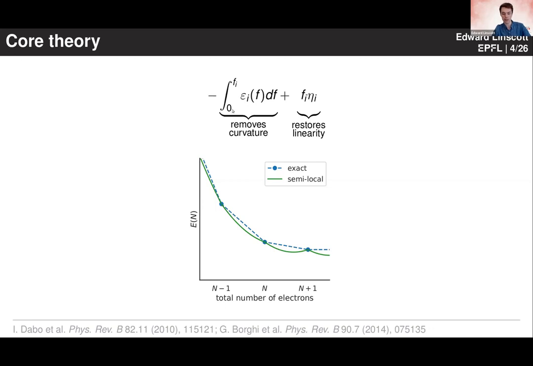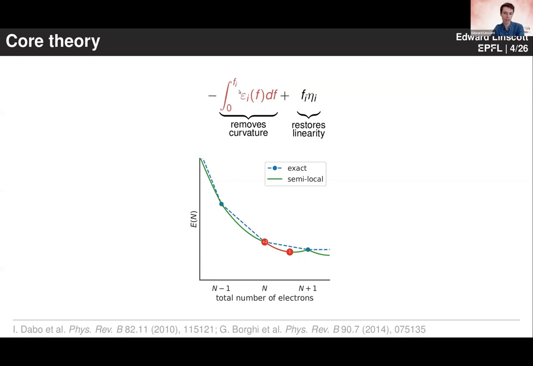So for a given orbital, let's say I'm here on my energy curve, I want to remove any erroneous dependence that that eigenvalue has on its corresponding occupancy. So that's what this first term does. We remove any dependence of the total energy due to eigenvalue dependence on its corresponding occupancy.